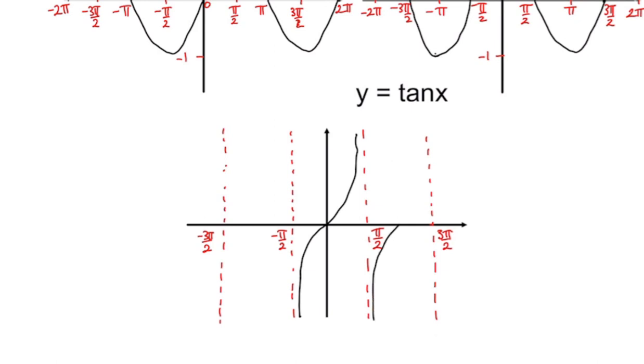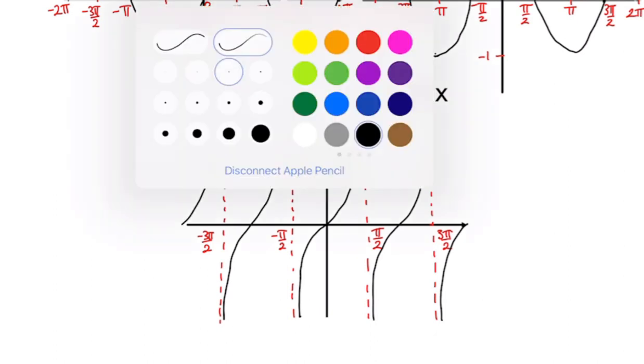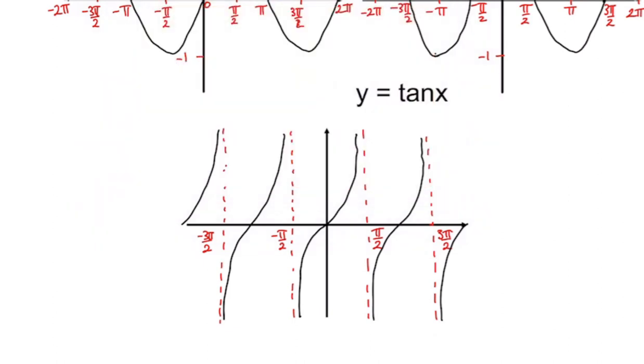And then what we can do is mark where our tan crosses the x-axis. We'll put those values in, just put those in red. So negative 2 pi, negative pi, 0, pi, and 2 pi.